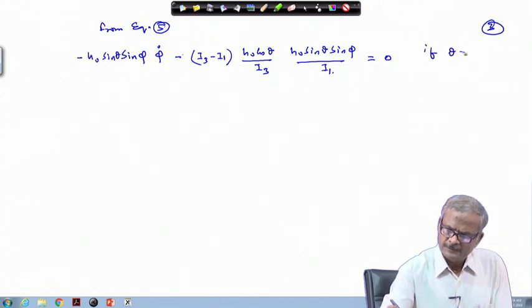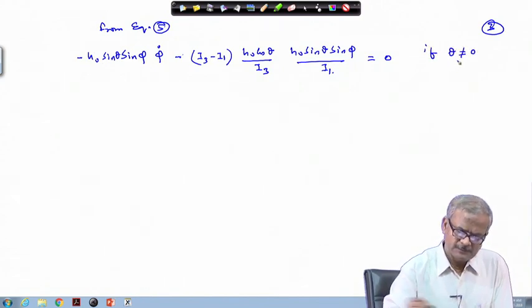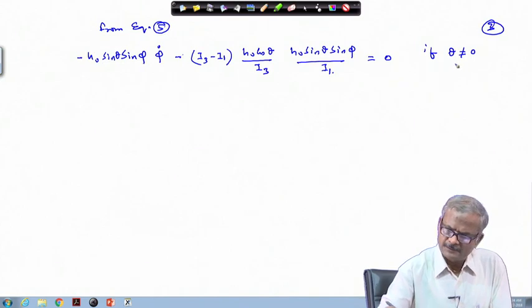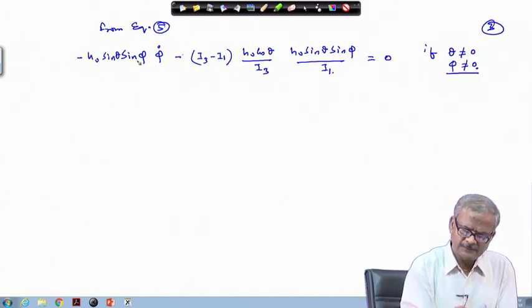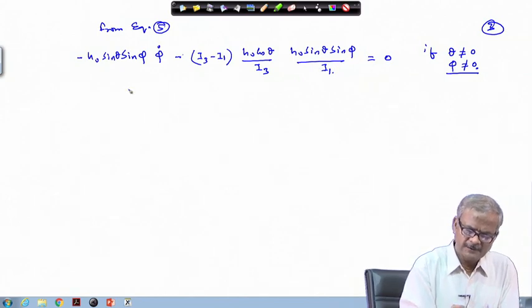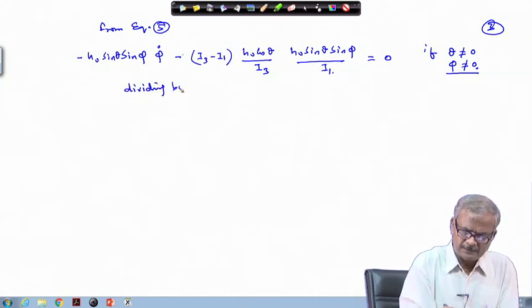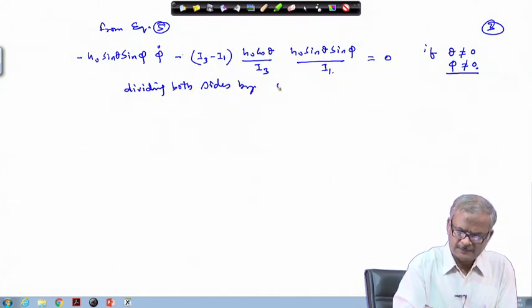Okay. Now, if theta is not equal to 0 and phi not equal to 0, under that condition we can divide both sides by sin theta sin phi.